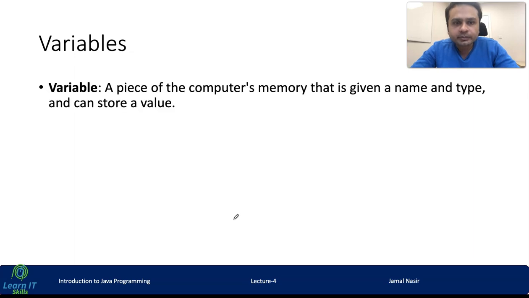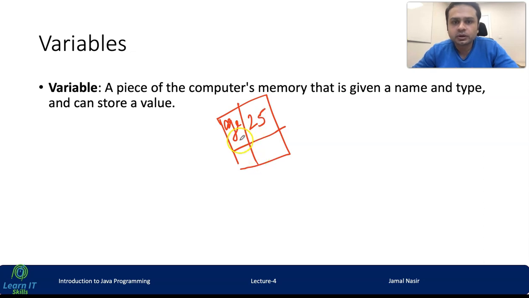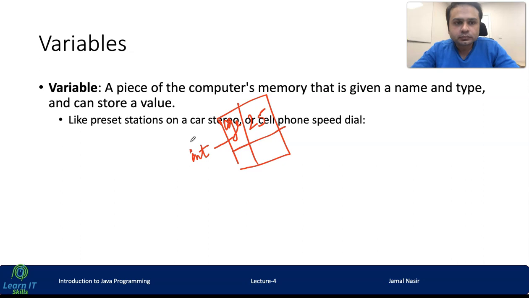A variable is a piece of the computer's memory that is given a name and type and can store a value. Basically in our RAM, we say we have one variable age, so we can store some value during this program execution. And obviously we would store what the data type of age is.